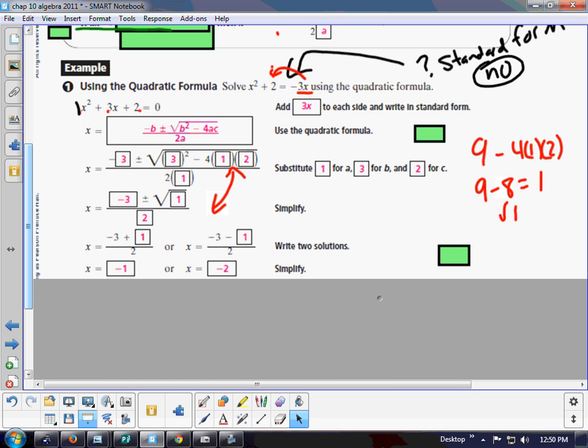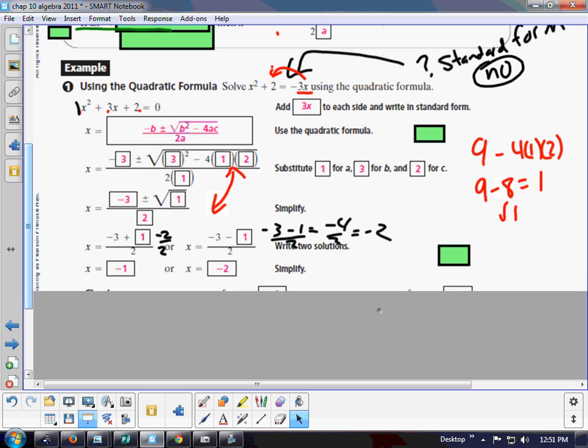Negative 3 plus 1 is negative 2. Negative 2 over 2 is negative 1. And over here you have negative 3 minus 1, which is negative 4 over 2, which is negative 2. So that's where they get the negative 2 from. So you have 2 answers for each question.